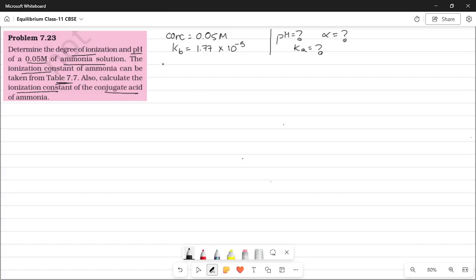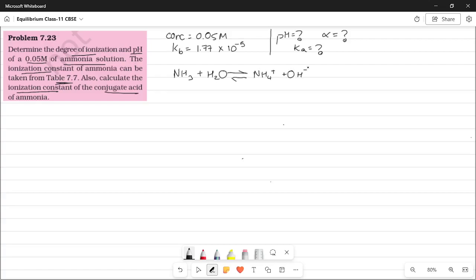So first of all, we're going to write the equilibrium reaction. NH3 plus H2O is in equilibrium with NH4 plus and OH minus.